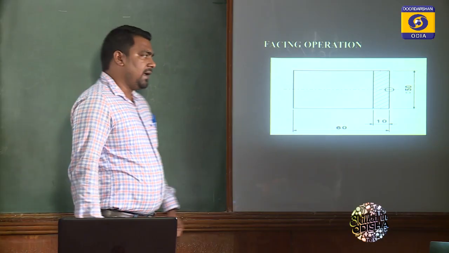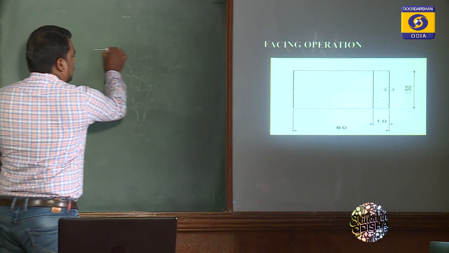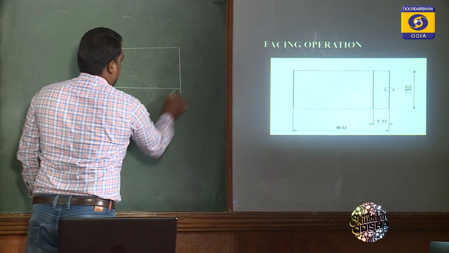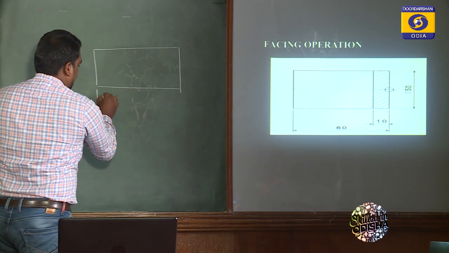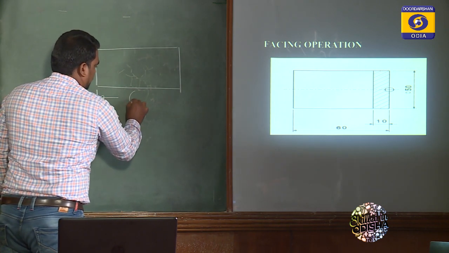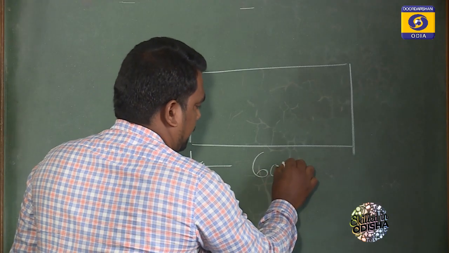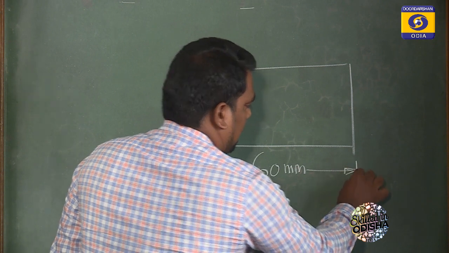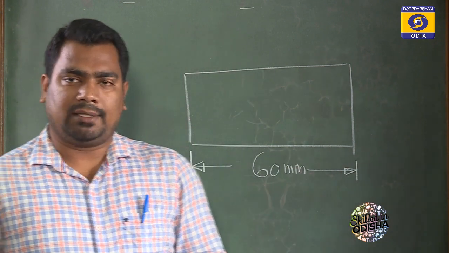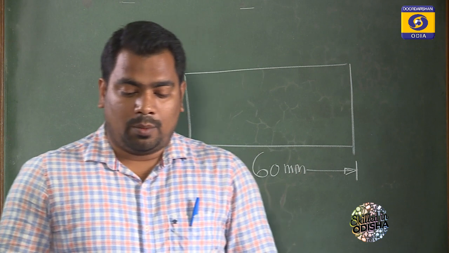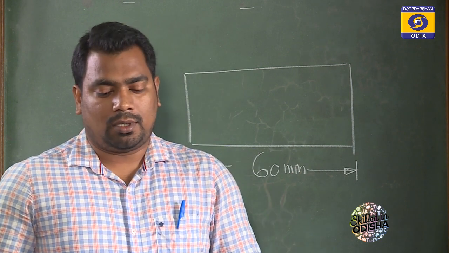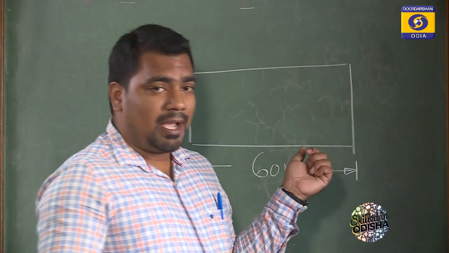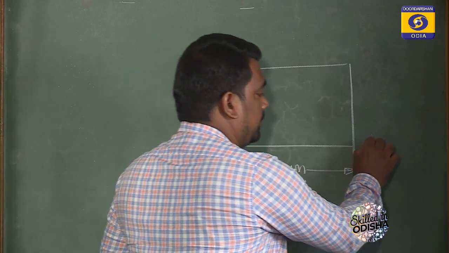Suppose we have given a 60 mm length workpiece, but we have to maintain it up to 50 mm, and the dia of the workpiece is 50 mm.